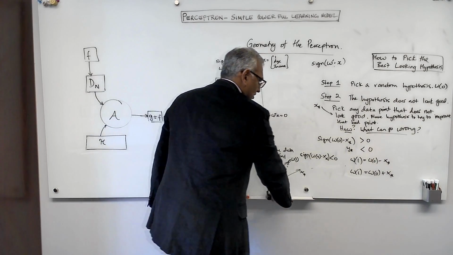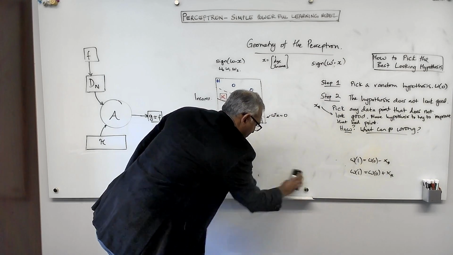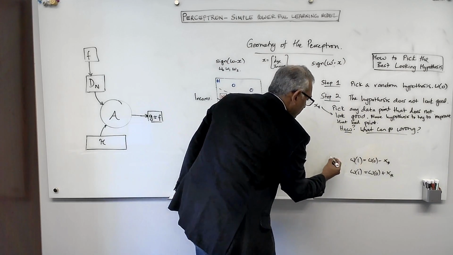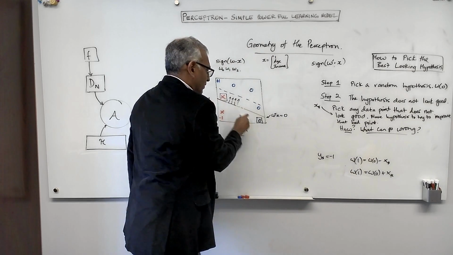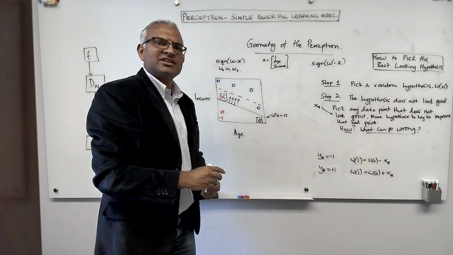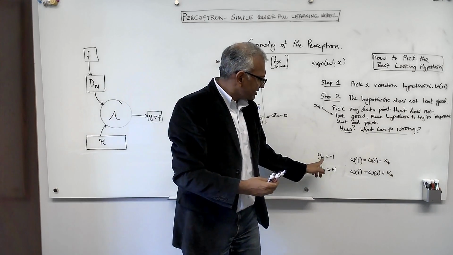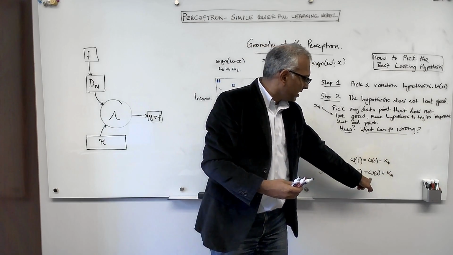Okay, so let me summarize. This was the situation when Y star was equal to -1. This was the situation when Y star was equal to +1. And notice that the updates are different. When Y star is -1, you update by subtracting the data point. When Y star is +1, you update by adding the data point.